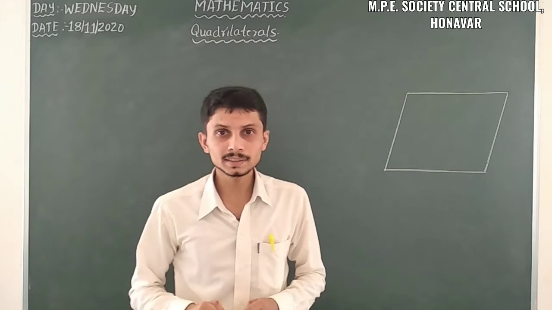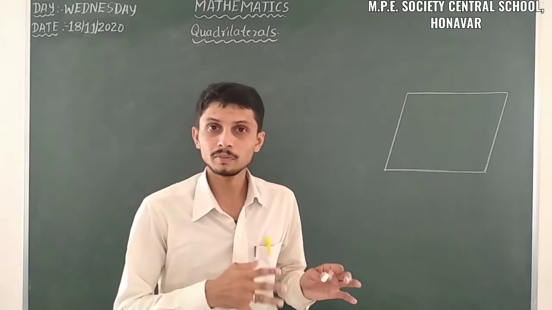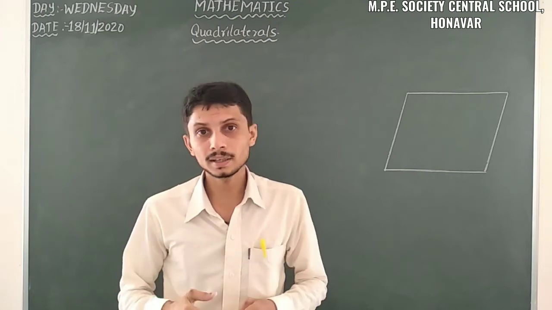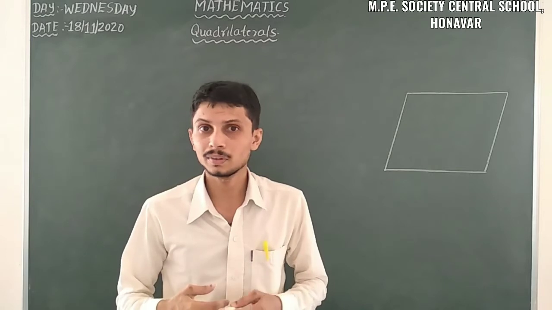Theorem 8.8 states that if a quadrilateral is a parallelogram, we have a pair of opposite sides that are equal and parallel, we know that one.